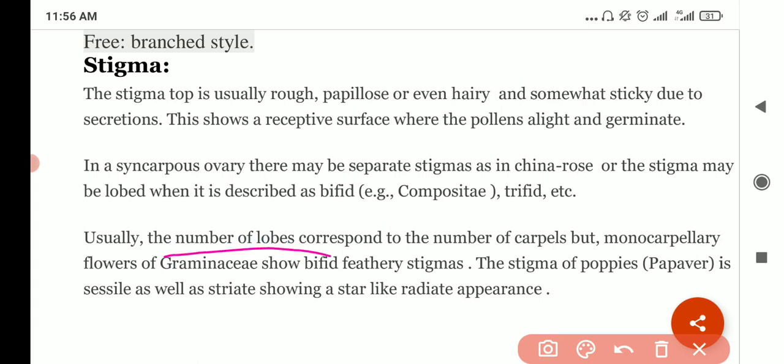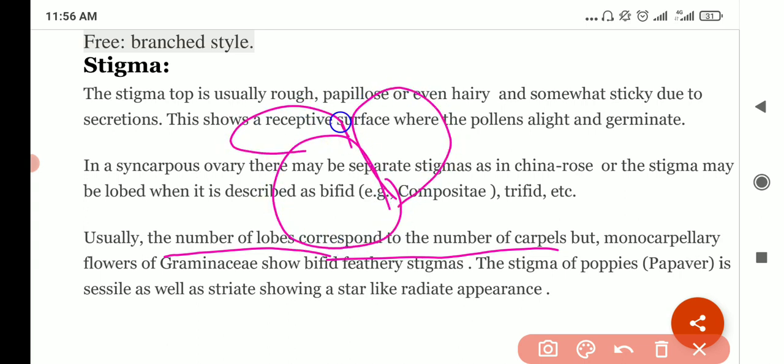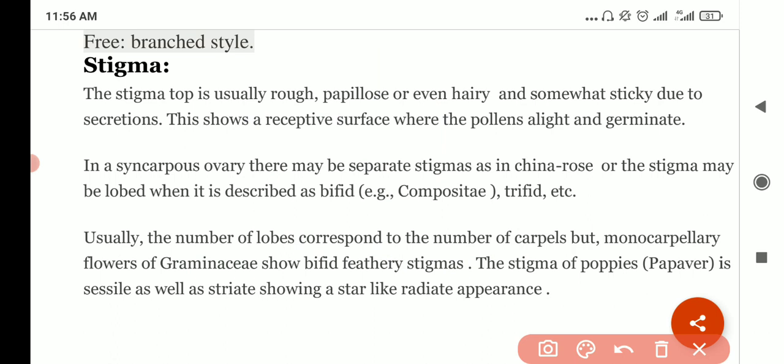Usually the number of lobes corresponds to the number of carpels. So simple: if there is one lobe, monocarpellary; two lobes, bicarpellary; then tri, then four lobed. But the monocarpellary flowers of Gramineae, the grass family, show a bifid feathery stigma. If you've noticed grasses, they have hairy stigmas.